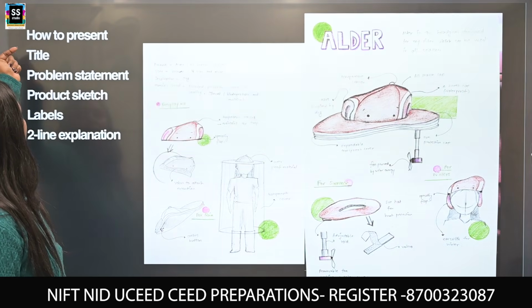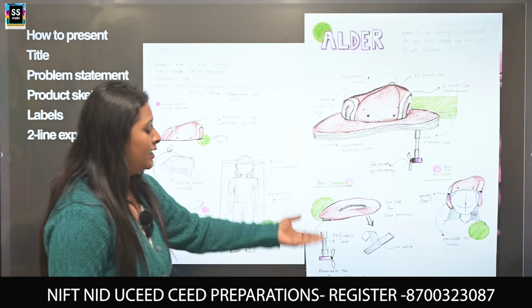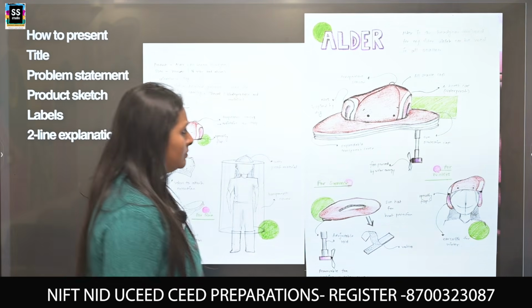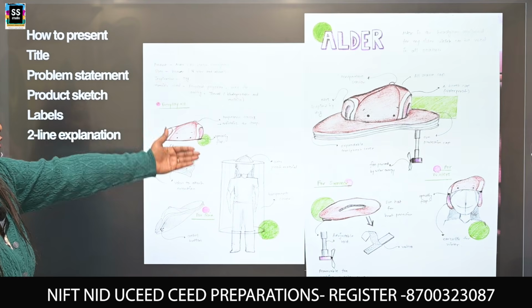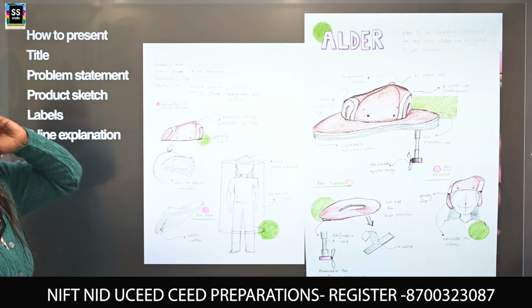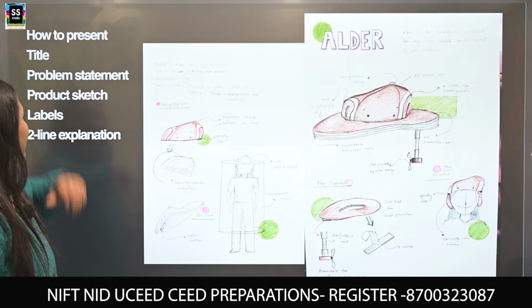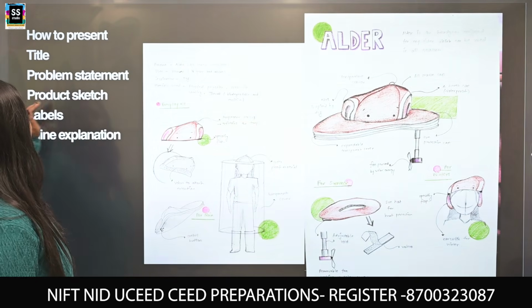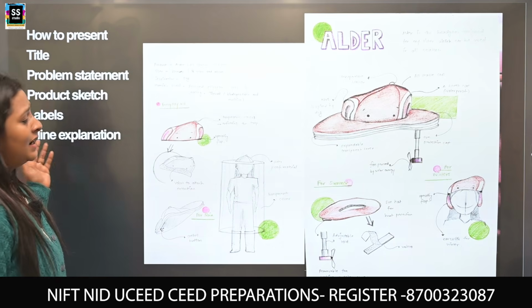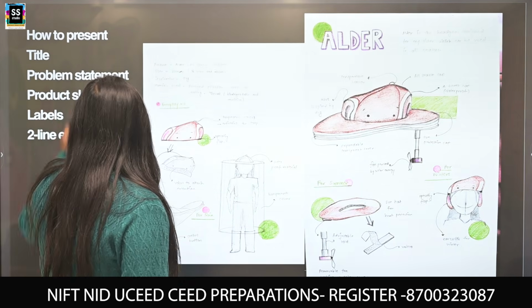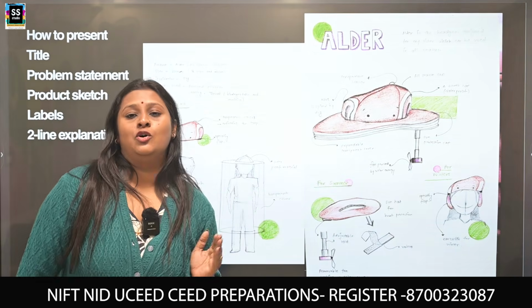This is one of the solutions, again by Shyamli, in which I am going to talk about how to present that futuristic solution, where you need to take care of the title, the problem statement, the product sketch, the labels, and the explanation. On all these aspects, you get your marks.